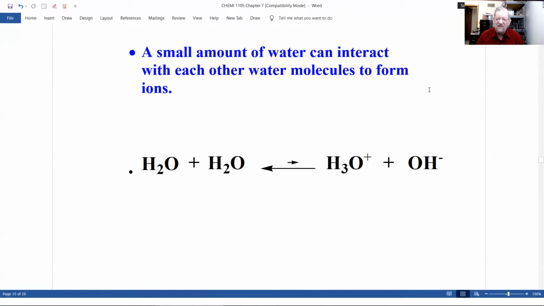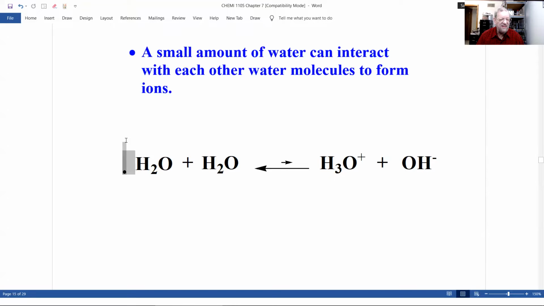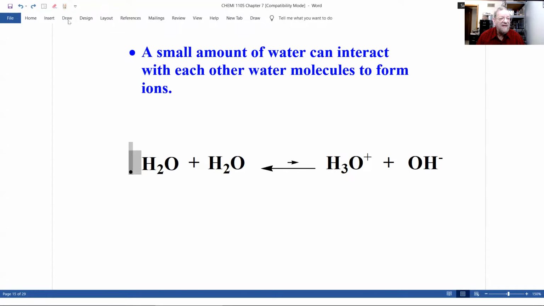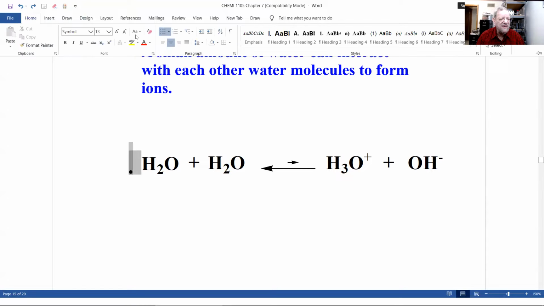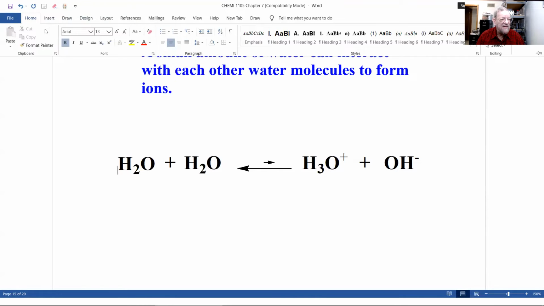Now, yesterday I talked about this, but let's go over it again. Water is an amazing compound. Water can react with itself in an equilibrium. That's where you have a forward reaction going to the right, at the same time going backward to the left.